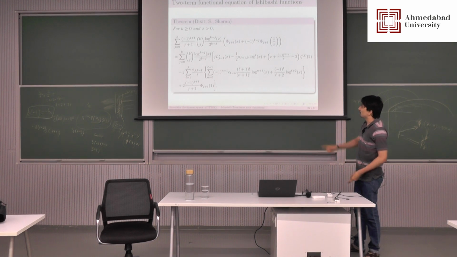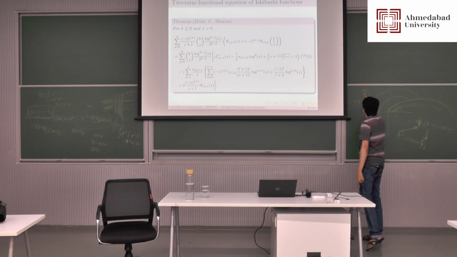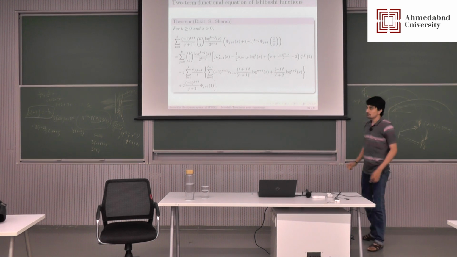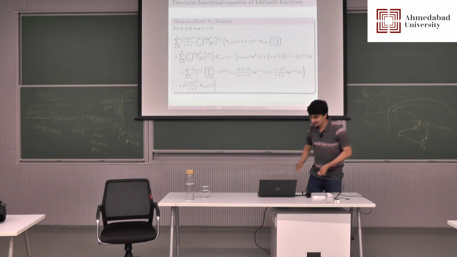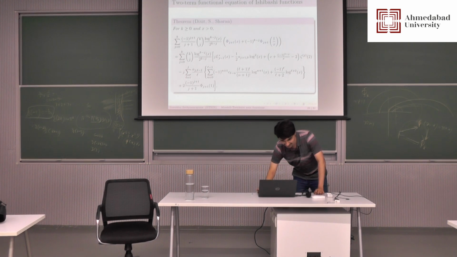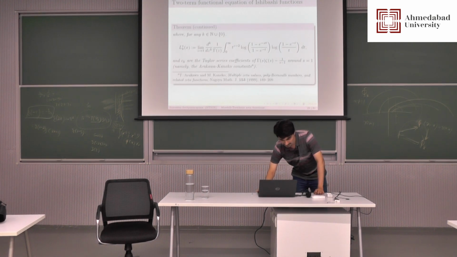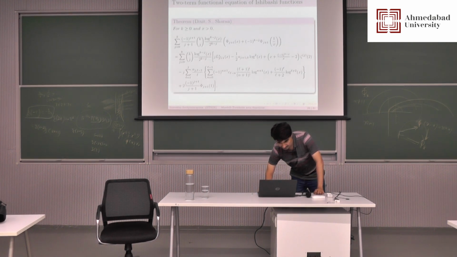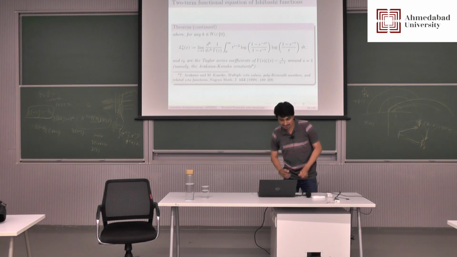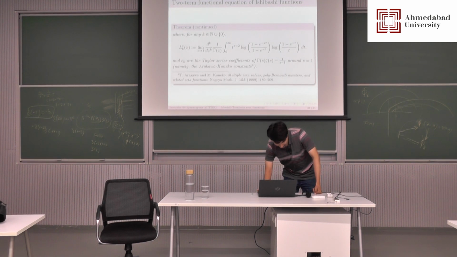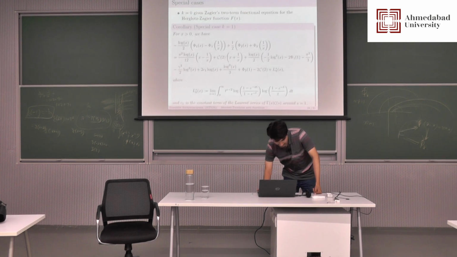But if you want to get it for psi k, you will have a whole finite sum. I think I will go for a special case, then you will easily see. What is L k here? L k's are given by this integral. There is something more to it, but I will avoid it now. Case k equal to 0 is Zagier.